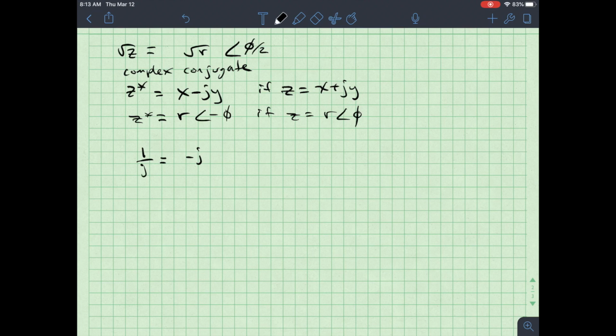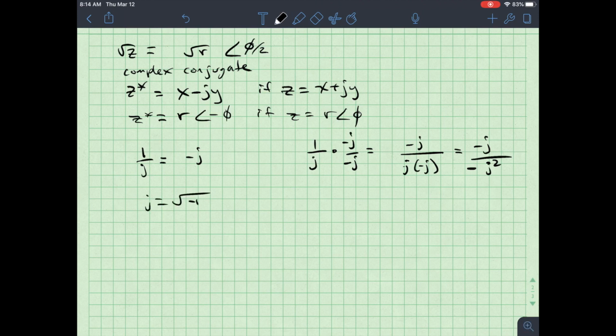To prove that to you, here's what I'll do. I've got 1 over j multiplied by negative j over negative j, which is equal to negative j over negative j times j, which is negative j over negative j squared.